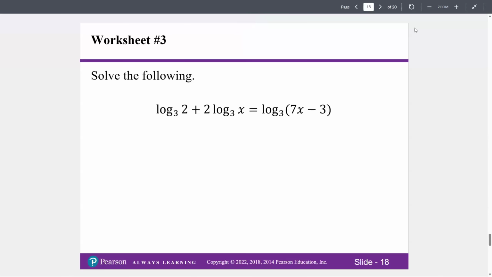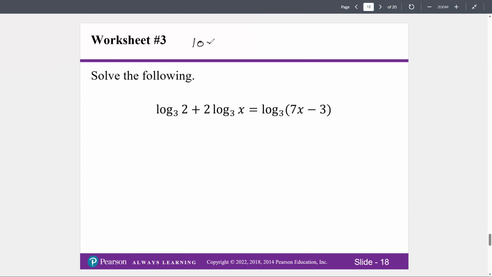All right, so we have, this is going to be a plus, so we're going to have a log base 3 of 2 times x. Oh, never mind. I just noticed there was a 2 out front. So let me go back.